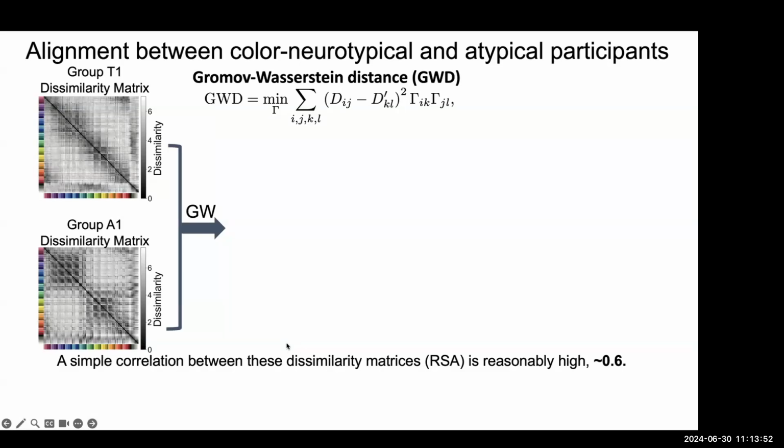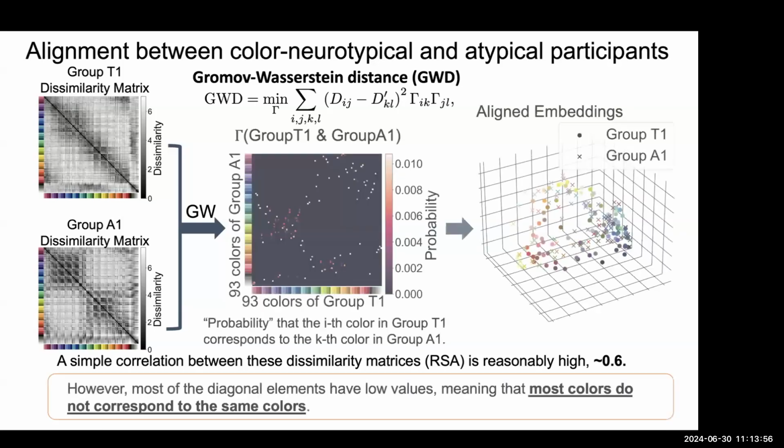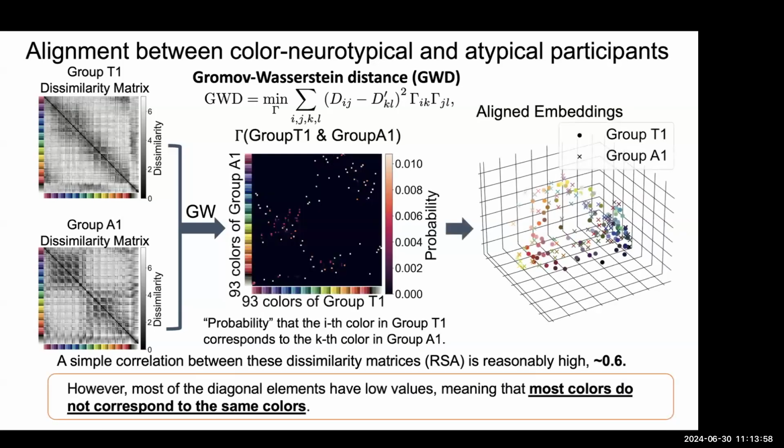So they are reasonably similar. But it turns out that we cannot find a good alignment between these two structures, meaning that most colors do not correspond to the same colors. So we cannot see the diagonal lines as we saw in the color neurotypical alignment.